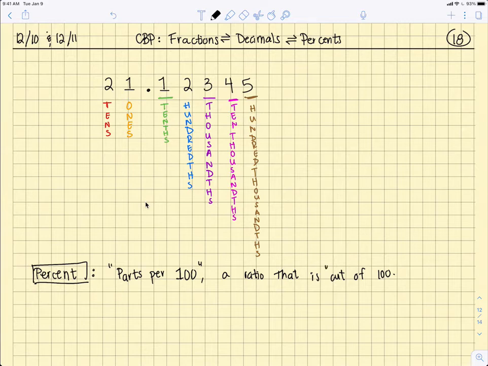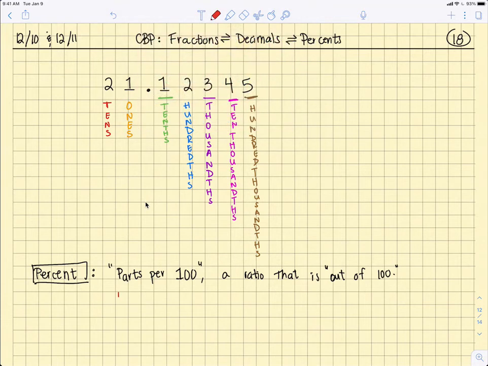I'm going to put quotations around "out of 100" because that's the phrase that we say. If I said 36%, that's 36 out of 100. One more example, 52% is 52 out of 100. So percent is a ratio, a fraction out of 100. Keep that in mind. Actually, let's write that down.